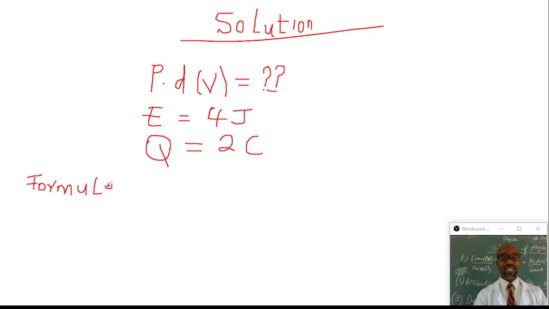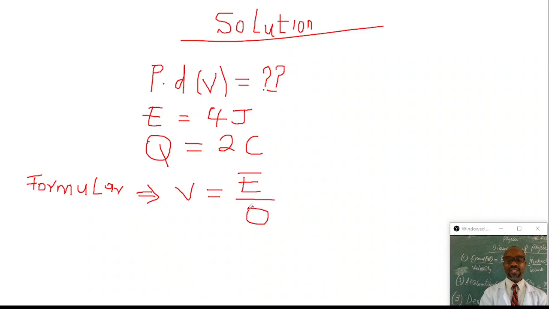Our formula is V, the potential difference we are looking for, equal to E over Q, the energy in the system, all over Q, the charge. Good, we've gotten the formula.